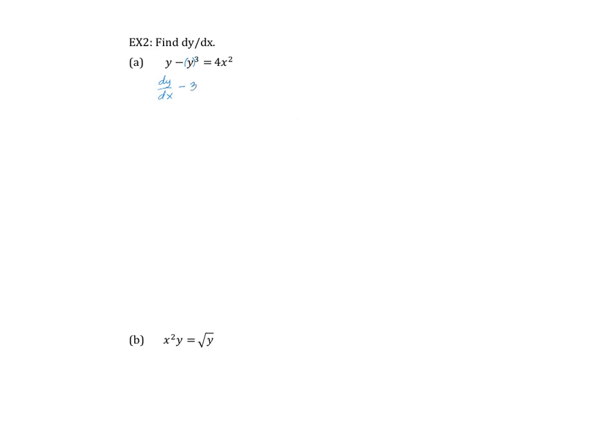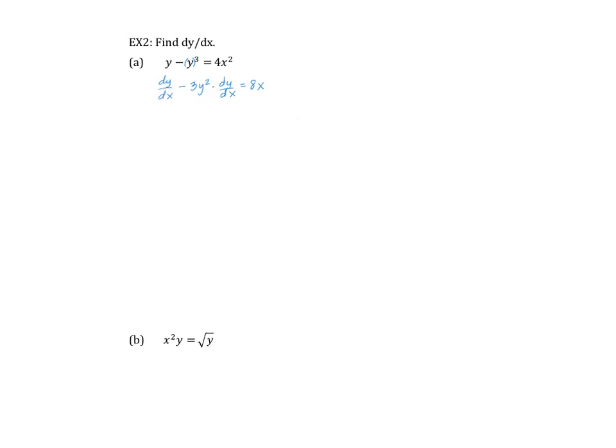So it's going to be 3y squared times the derivative of the inside, which is just dy dx. On the right hand side, that's just x, so I take the derivative as usual, and that's 8x.